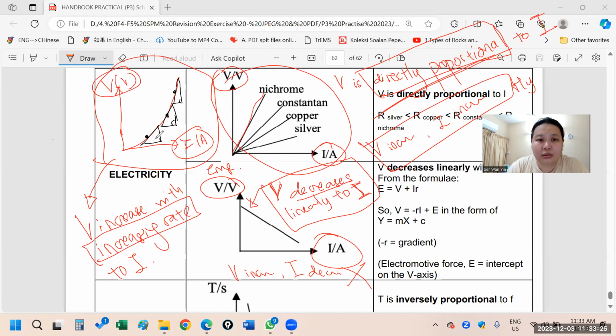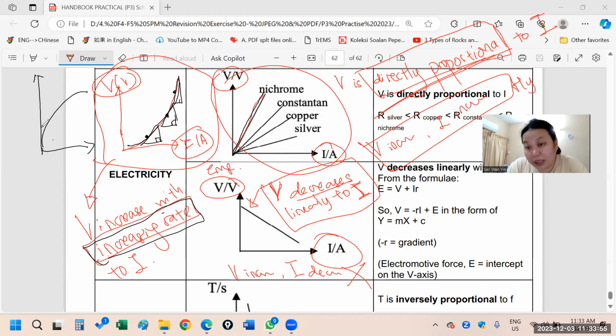You will find out it is not increasing linearly. It is increasing with increasing gradient. Increasing gradient means increasing rate. For this one, we don't have that in our experiment. But in your math, yes.